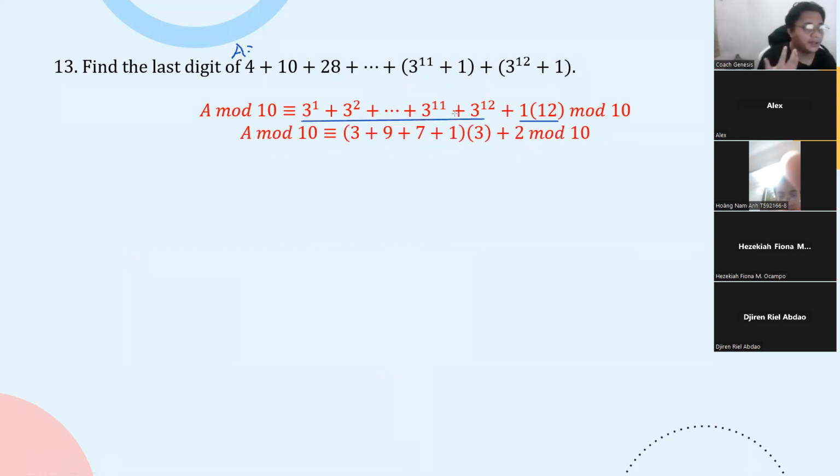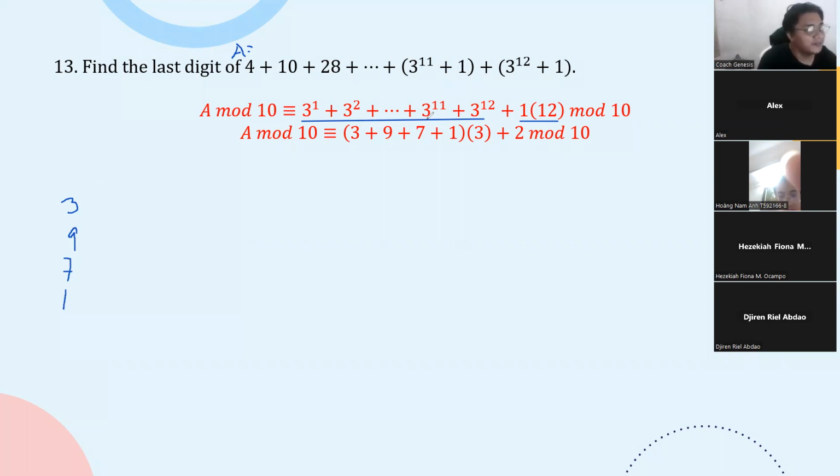Now if you try to look at the pattern for the units digits, or the last digit, for any powers of 3, you will have 3 raised to 1, so you have 3. 3 times 3, 9. 9 times 3, 27, so you just get 7. 7 times 3, you get 21, so 1. So we have four possible last digits for powers of 3.